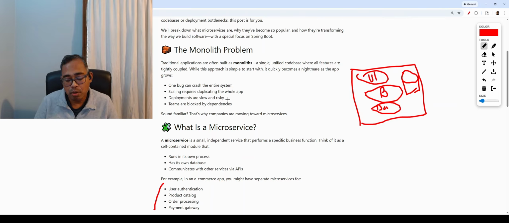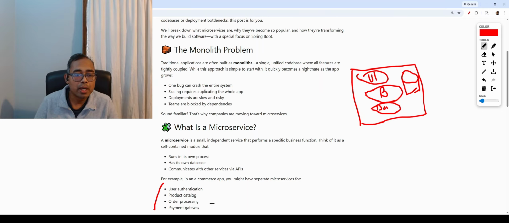Why are deployments slow? Because it's a big application. Everything has to build successfully and work successfully. If you have different teams of developers and QAs, one team is dependent on another team. Say the order system has a bug, and they need to fix it before you can deploy, because all the application is under one umbrella.